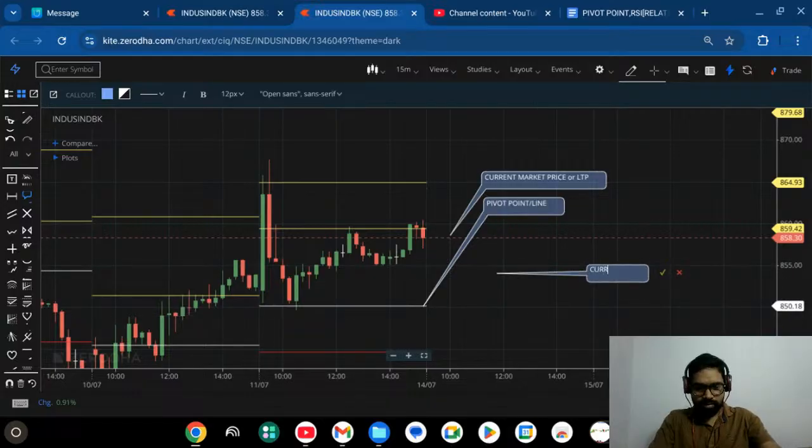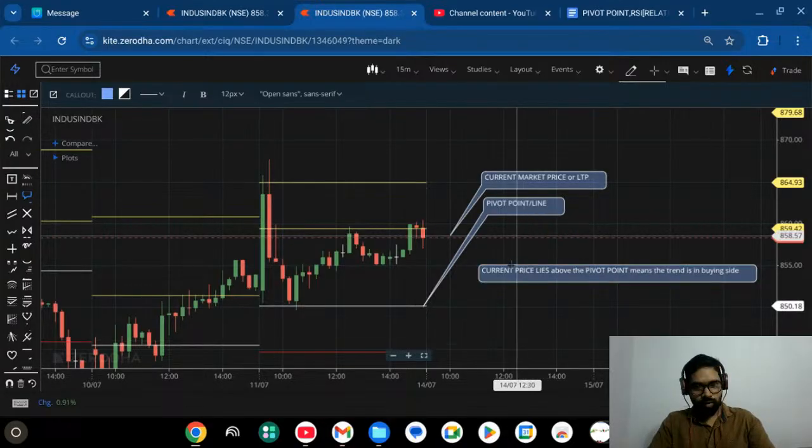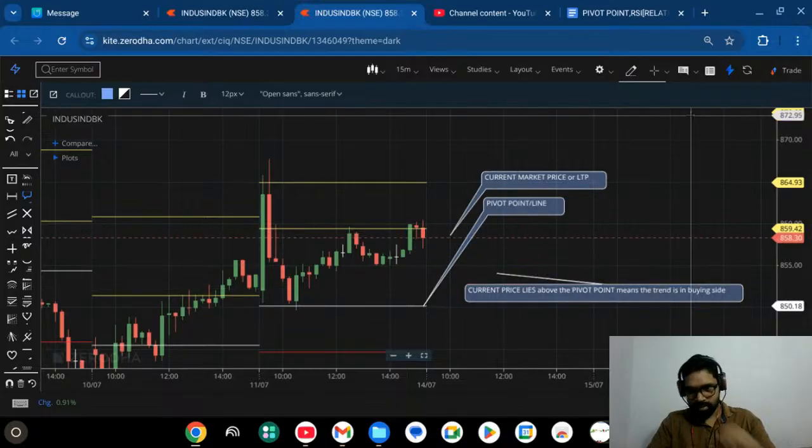The current price lies above the pivot point, which means the trend is on the buying side. Understood my point? If the current market price lies above the pivot point, the trend is a buy trend.